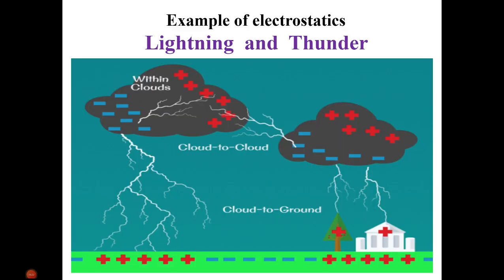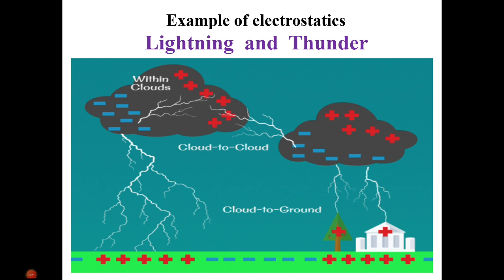Next I am going to discuss one example of electrostatics, that is lightning and thunder. We know that clouds are there in the sky, and these clouds consist of ice crystals and water droplets.